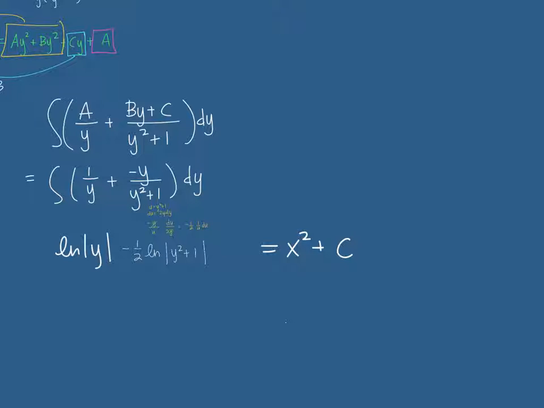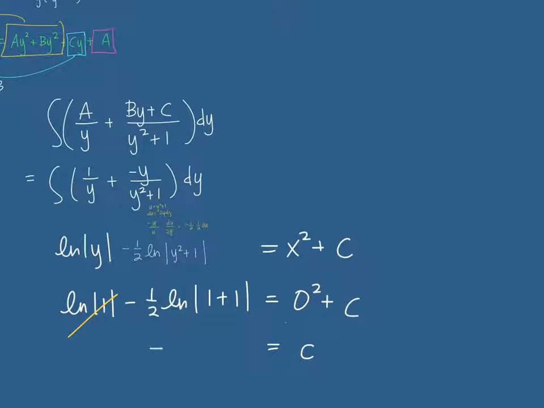Okay, so the natural log of 1 minus 1/2 of the natural log of 2, actually that's 1 plus 1, equals 0 squared plus c. So c must be equal to, what's the natural log of 1? 0.